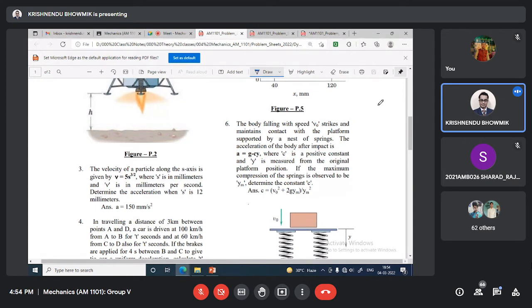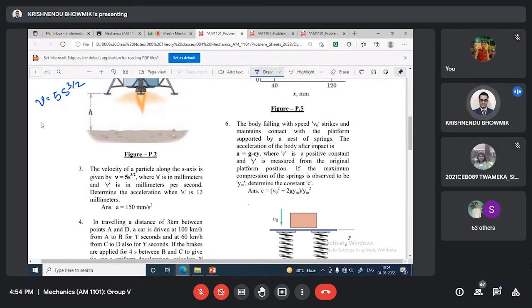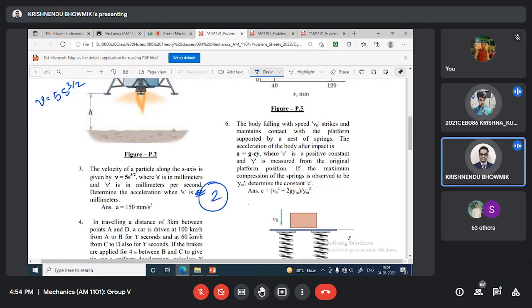So it is given V equal to 5s power 3 by 2. S is in millimeter here. S is 12, sir, but the answer comes from S equal to 2. Okay, so that means this is the mistake. Sorry, this is 2. It was missed by mistake. Fine. Very good. So that is done. Actually, previously we were using a different value, but I forgot to change it. It is 2 millimeter only.